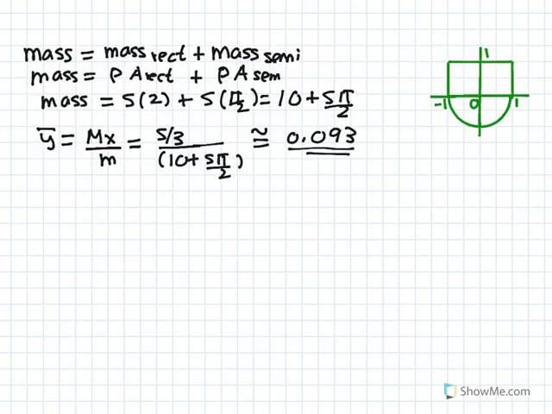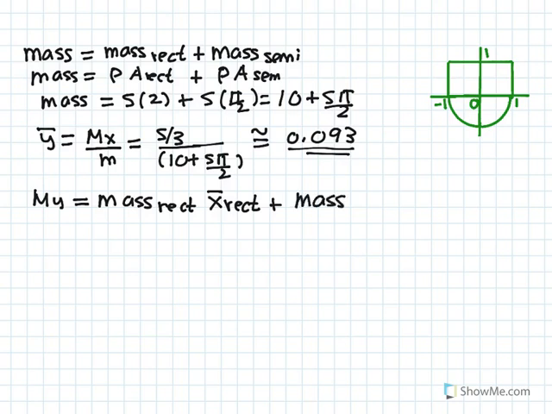All right. So now let's find the moment with respect to the y-axis. The moment with respect to the y-axis is the mass of the rectangle times x bar of the rectangle plus the mass of the semicircle times x bar of the semicircle. The mass of the rectangle is 10.